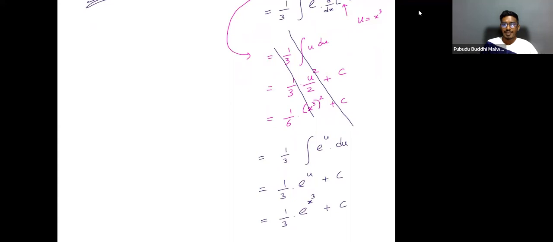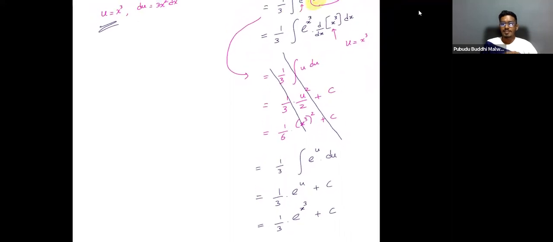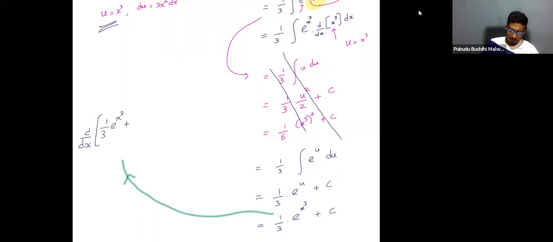Now, please differentiate this answer with respect to x to understand this concept. Definitely, we should use the chain rule. Don't worry about c.